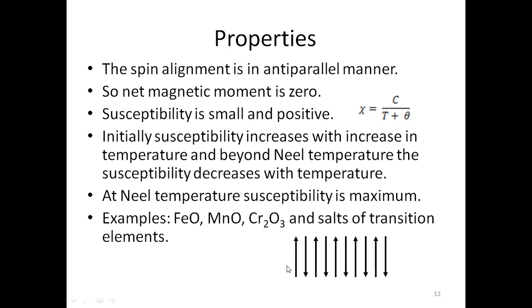They are exactly parallel in the case of ferromagnetic material, and here the spin alignment is completely different. It is going up and this is going downwards, and this is getting cancelled. So the net magnetic moment is found to be 0. The susceptibility value is found to be C by T plus theta.